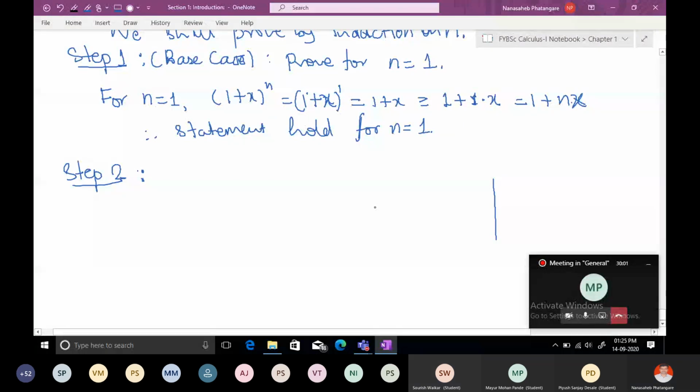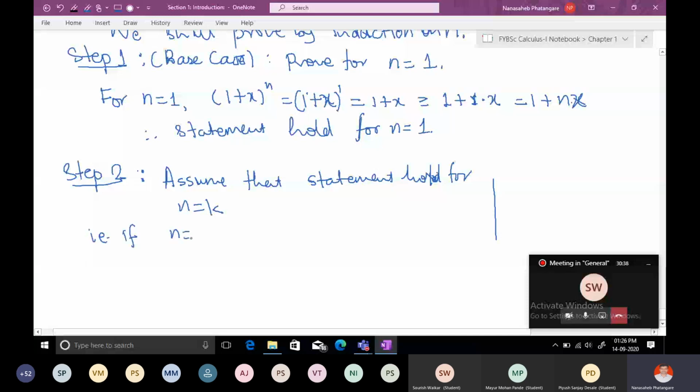So second step, induction hypothesis. Assume that the statement holds for n is equal to k. That is, if n is equal to k, then 1 plus x raised to k is greater than or equal to 1 plus kx, and this is for a particular k.